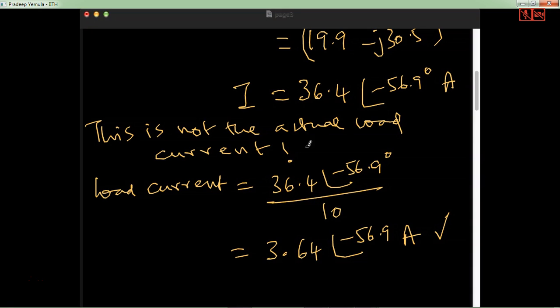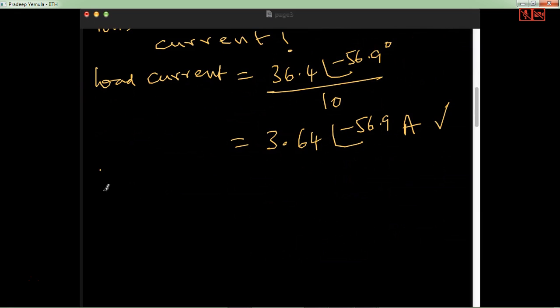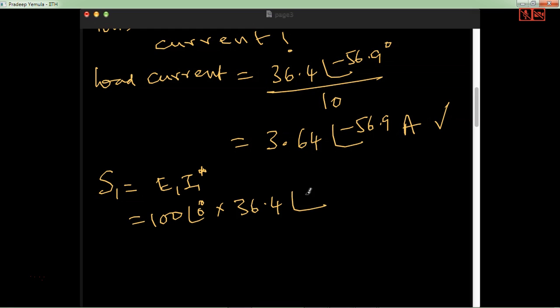So of course the complex power is the same. So what is the complex power? What is S1? S1 is nothing but E1 into I1 star. So that is nothing but 100 angle 0 degrees into 36.4 angle, where instead of minus I'll put plus because of the conjugate, 56.9 degrees. So that is 3640 angle of 56.9 degrees. So this one I have to separate into real and imaginary.